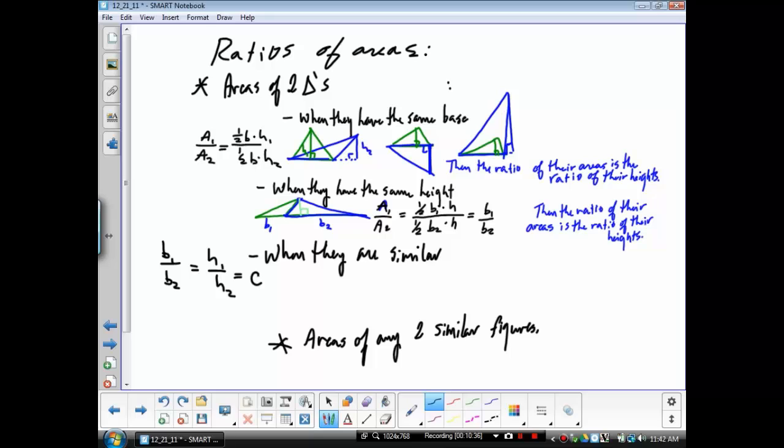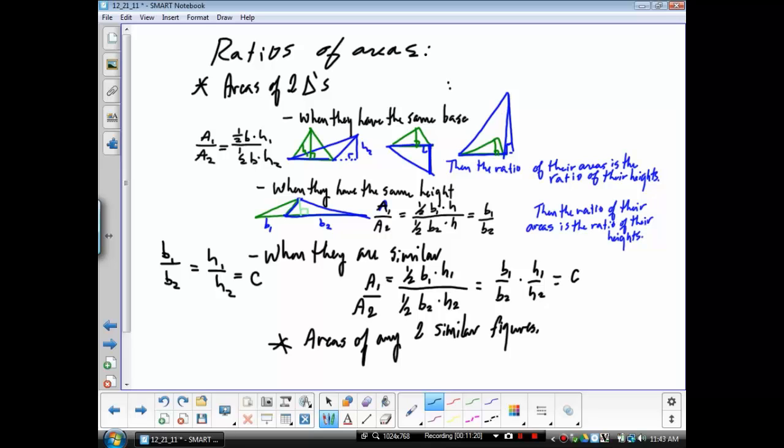Which means when you look at the two areas, since your area of triangle 1 is going to be 1/2 of base 1 times the height 1, and since the area of triangle 2 is going to be 1/2 base 2 times the height 2, and since the 1/2s reduce, we just have base 1 to base 2 times height 1 to height 2, which is just equal to your scale factor, which we're calling C, times itself.